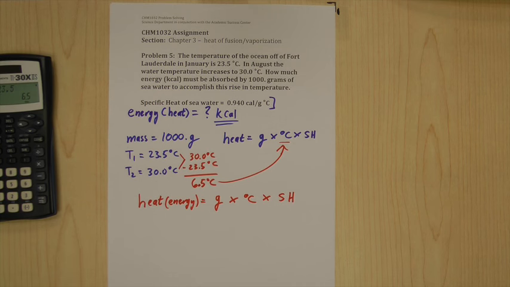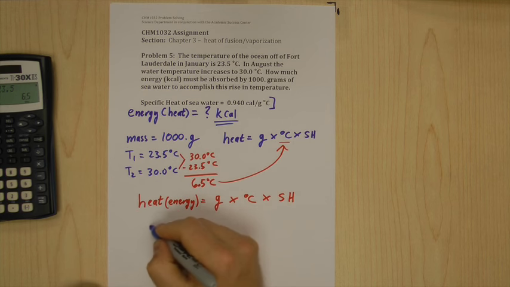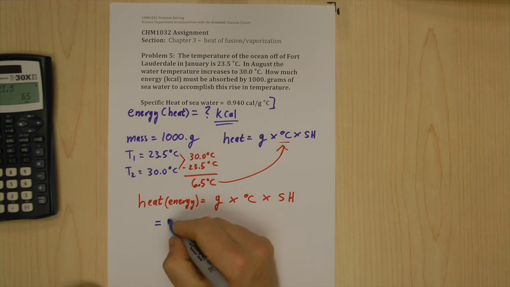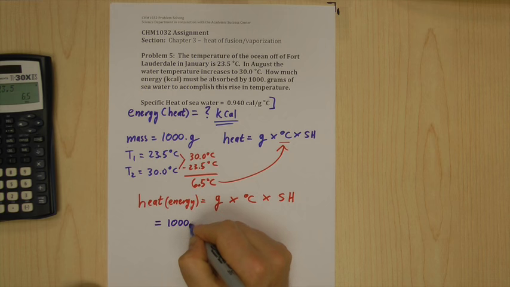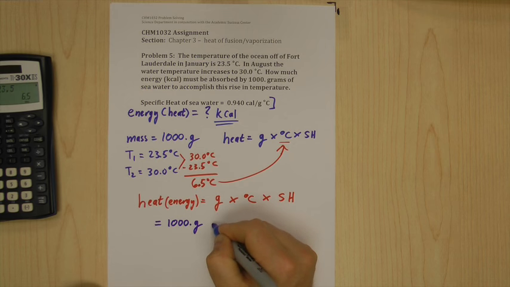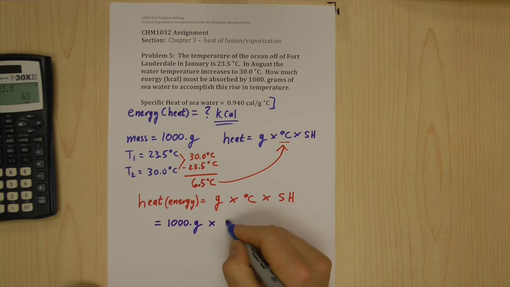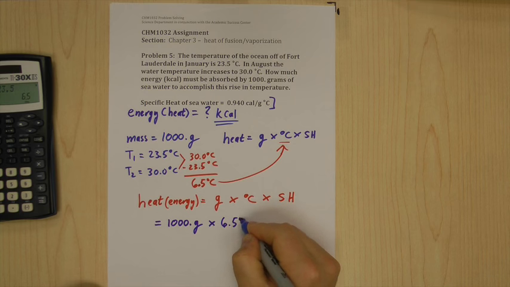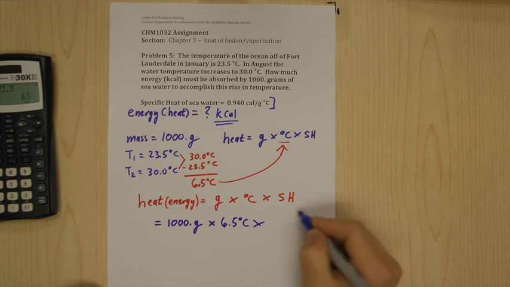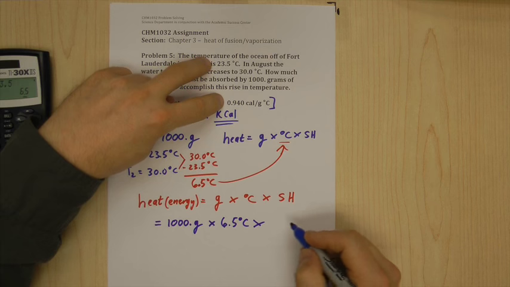Now, a lot of students at this point just throw numbers up, and they leave the units out, and that can be detrimental. So make sure you put in the units. So that's going to become 1,000 grams multiplied by 6.5 degrees Celsius multiplied by specific heat, which is up here.